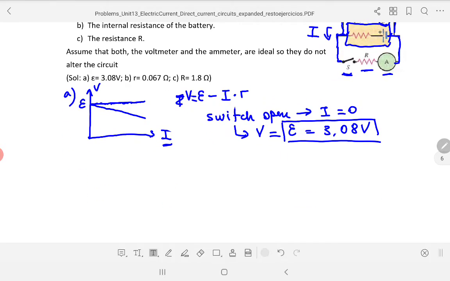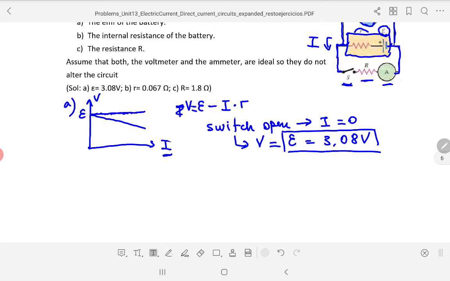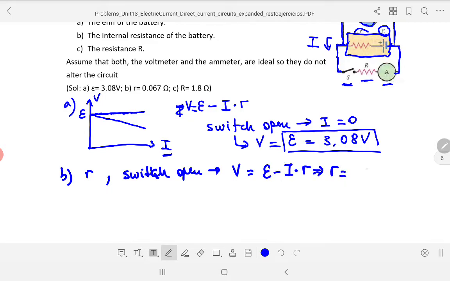The next question they ask is the value of the internal resistance, this small r. That is easy to solve, because V is equal to epsilon minus I times r. So from here we can say that r has to be equal to epsilon minus the real difference of potential between the sides of the battery, divided by the current that is flowing.